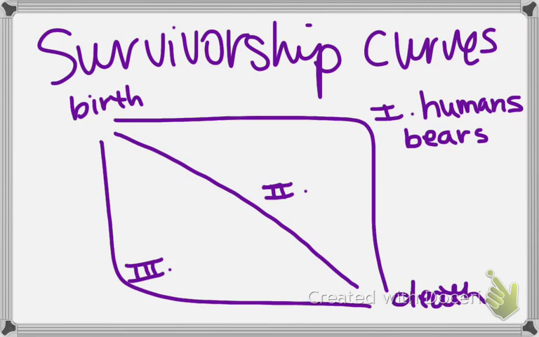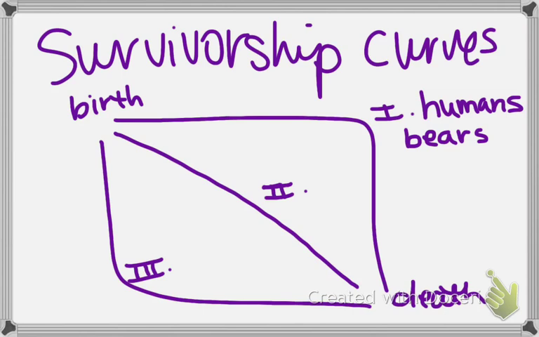Number 2, if you read it left to right, what do you notice about it from birth to death? It is a steady decline. That means that this type of animal or living thing is probably what for other living things? It's probably food.